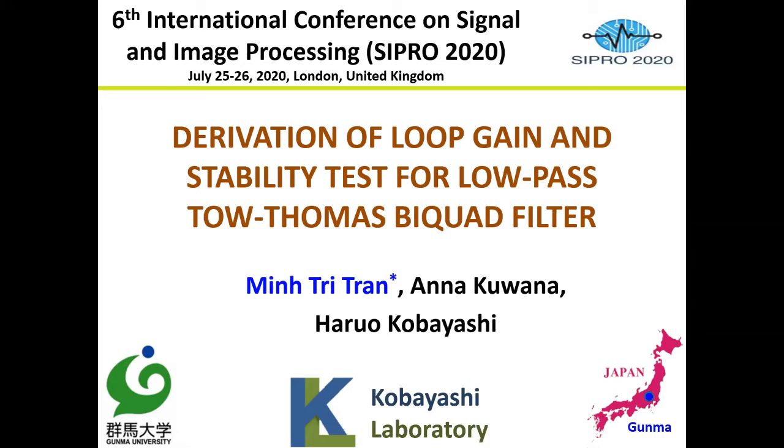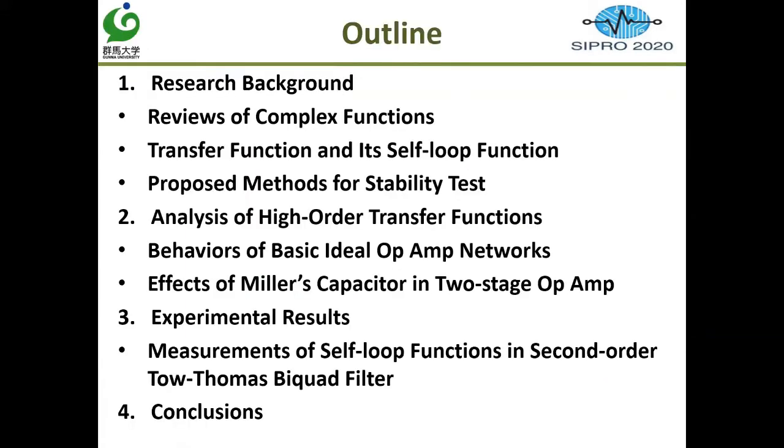I'm going to introduce the derivation of loop gain and the stability test for the automatic Biquad filter. In this work, we show our research background in the first part, and in this talk, we emphasize the difference between the conventional loop gain and the return ratio function in a transfer function.